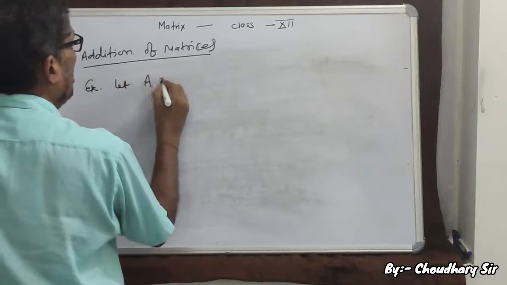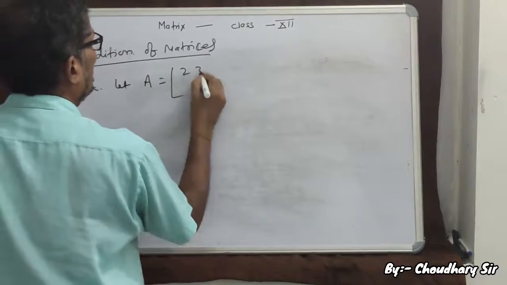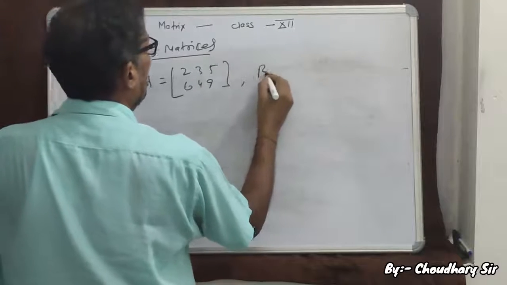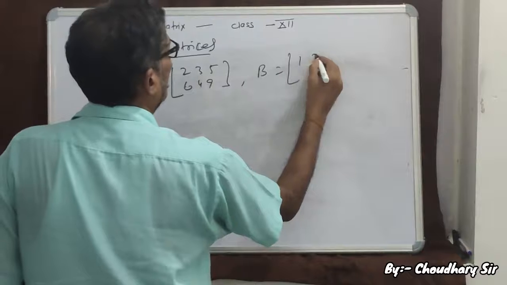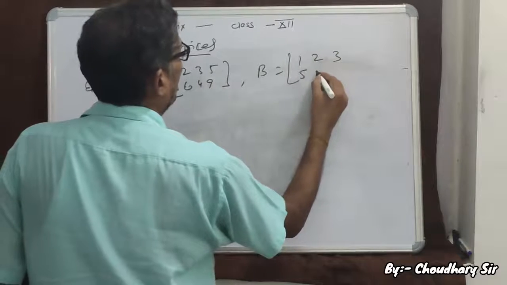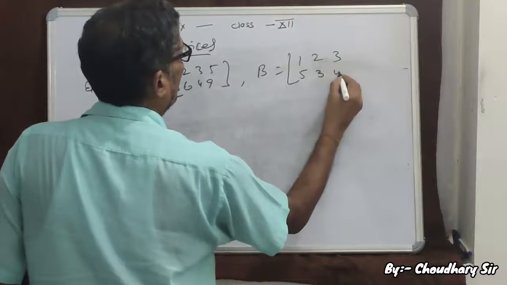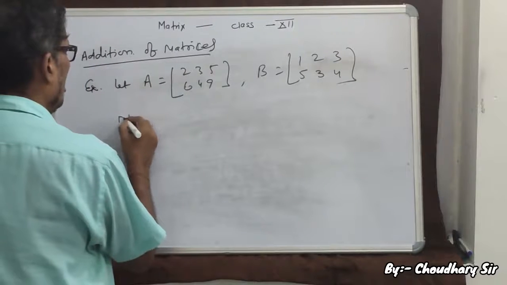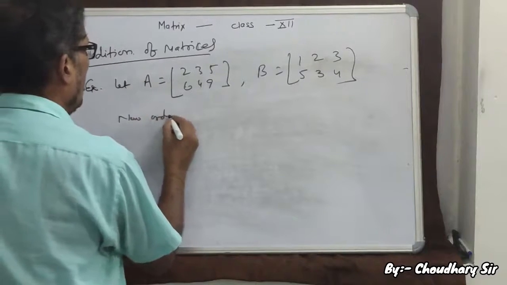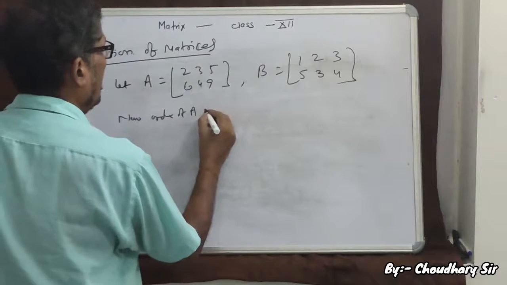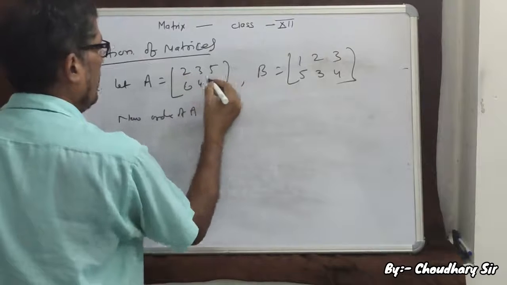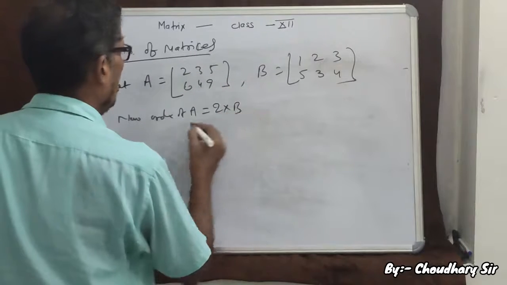Let A be the matrix with rows 2, 3, 5 and 6, 4, 9. B is a matrix with rows 1, 2, 3 and 5, 3, 4. Now the order of A equals 2 rows and 3 columns, that is 2 by 3.